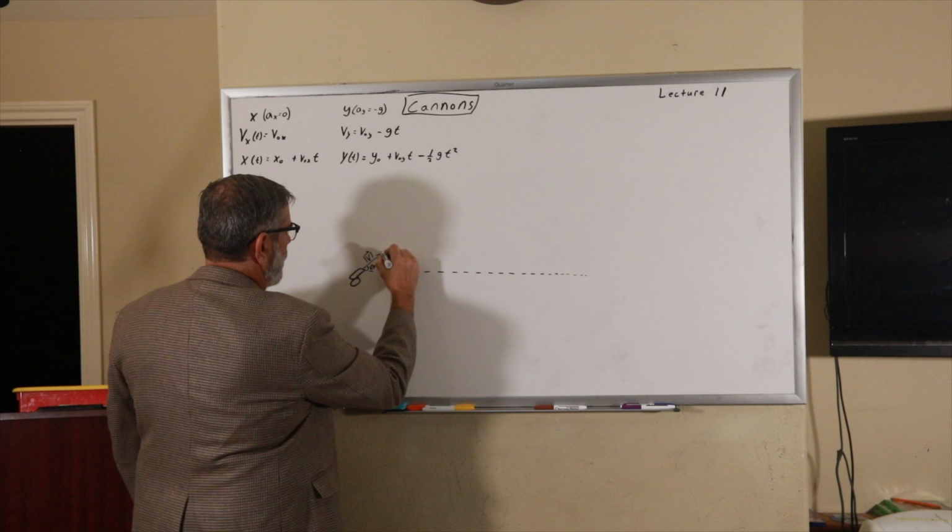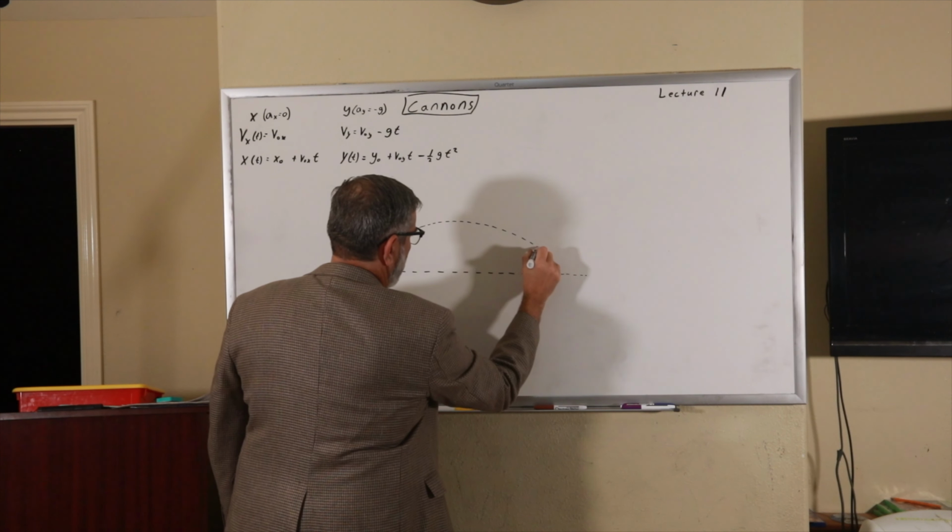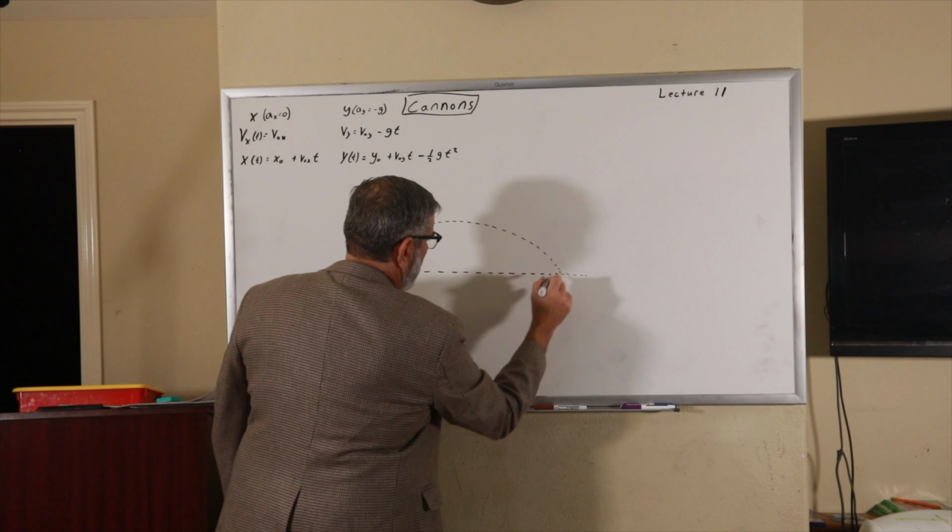And so what happens is we're going to get a projectile motion that looks something like this. I will demonstrate shortly that this actually is a parabola, but for now I think we're all familiar with the general idea of that from experimental observations.